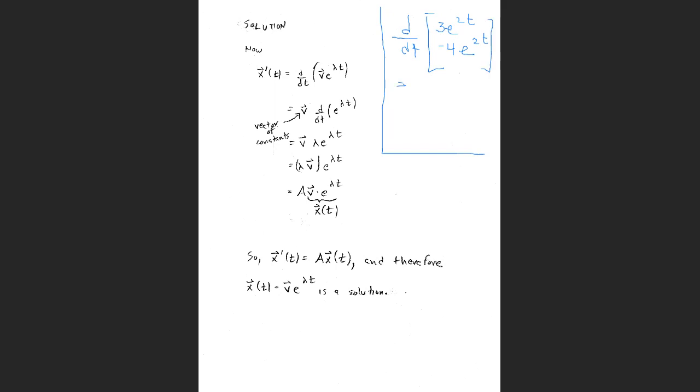That's going to equal 3 times 2 e to the 2t, and negative 4 times 2 times e to the 2t.